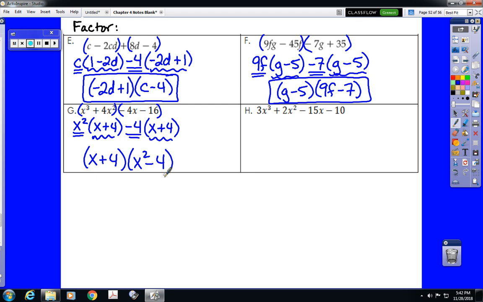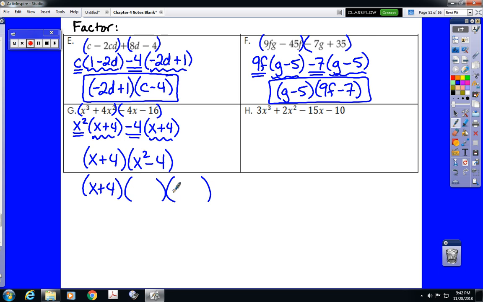Now, this happens occasionally in Algebra 2 as well. This problem is not completely factored yet. Although x plus 4 is done being factored, x squared minus 4 fits one of the earlier molds we discussed in class. It is a difference, because that's a subtraction symbol, of two perfect squares. So it can be factored again, which means we're going to leave x plus 4 alone, but x squared minus 4 will factor again.